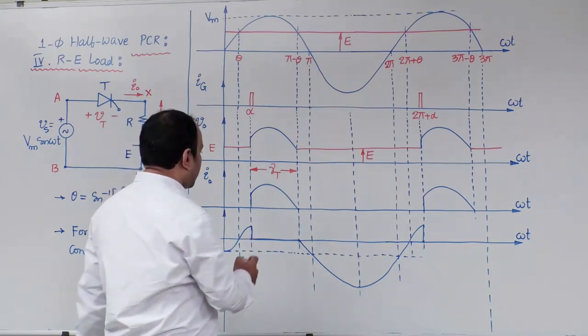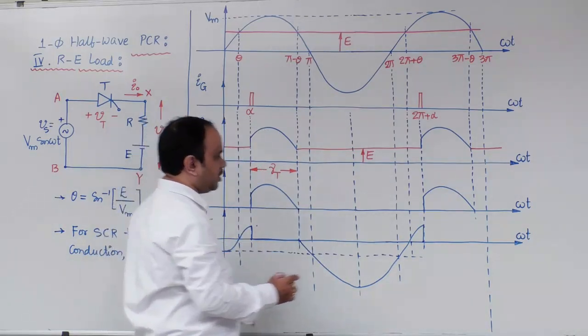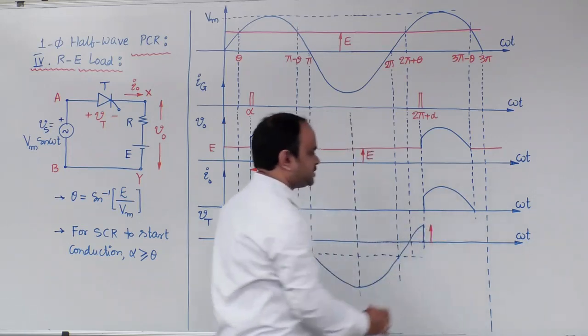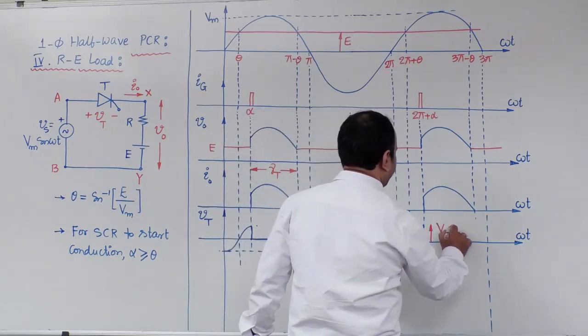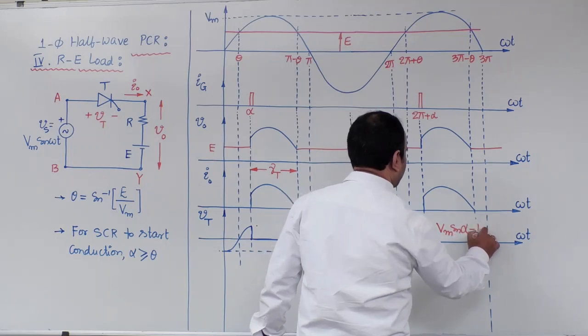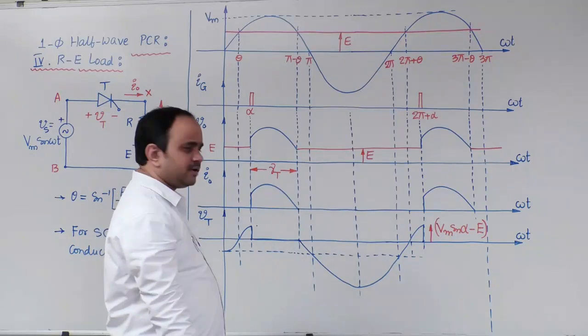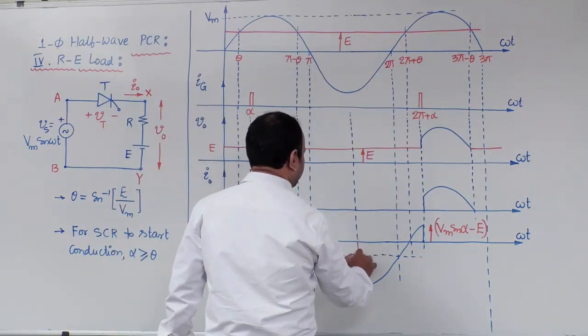Now, what about the voltage at the instant alpha or 2 pi plus alpha? Both are the same. Due to space constraint, let me write here. This is Vm sin alpha minus E. Next, what is this value?